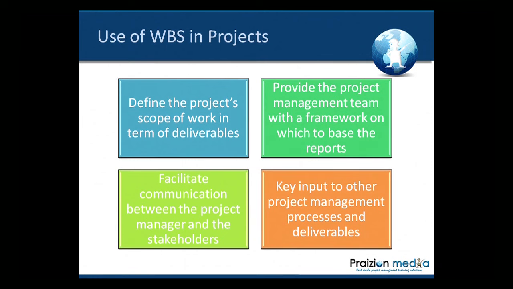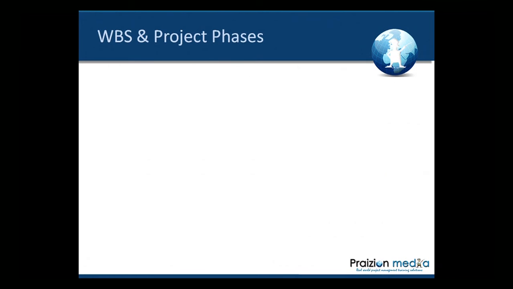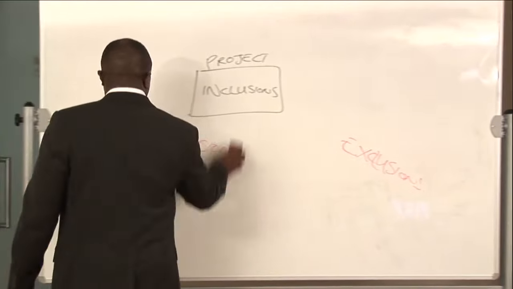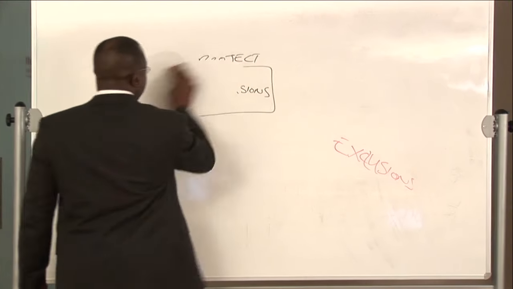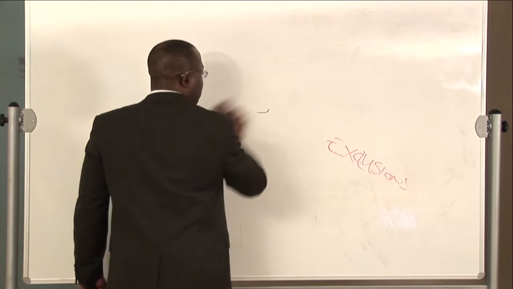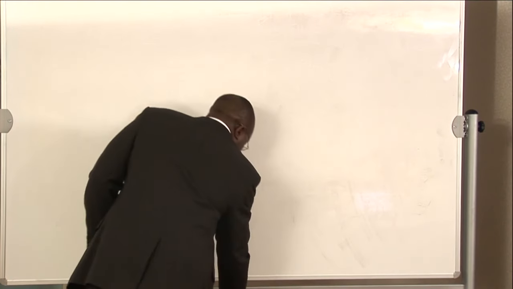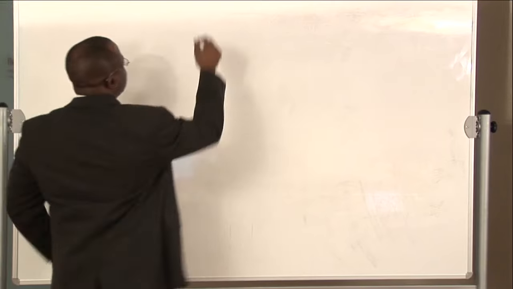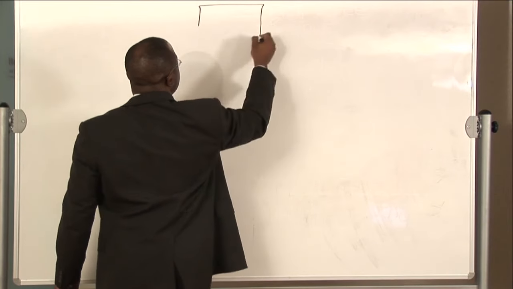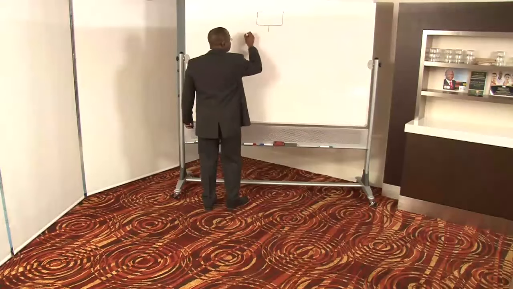So when we talk about the word work breakdown structure, what are we really talking about? Your WBS looks very similar to a family tree, and that's because it falls into the tree structure category. When we talk about a tree structure, we're talking about something like this.